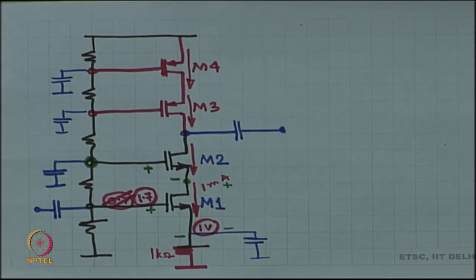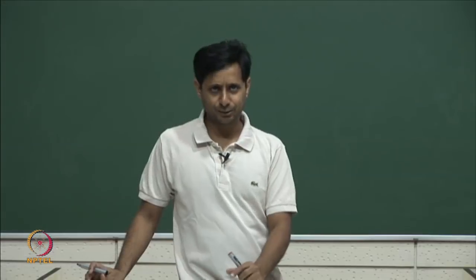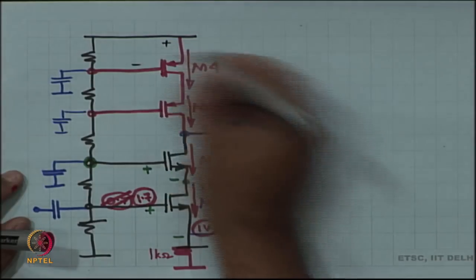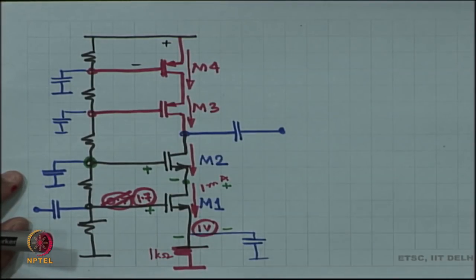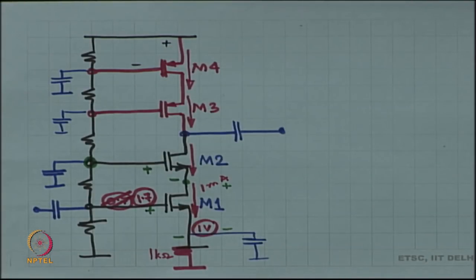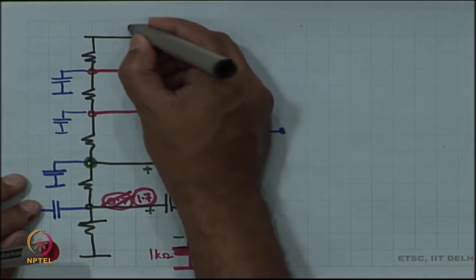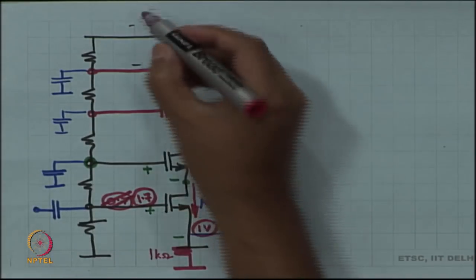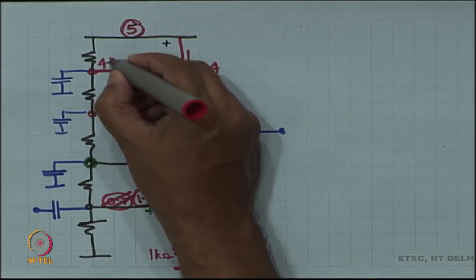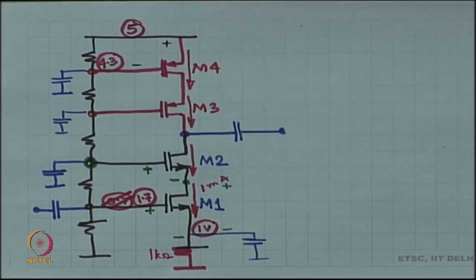But let us say you pick a PMOS with exactly the same value of K. In that case, let us say the VT is also 0.5 volts. In that case, this voltage happens to be 0.7. So, if I have 5 volts of power supply, then this is 4.3, done.